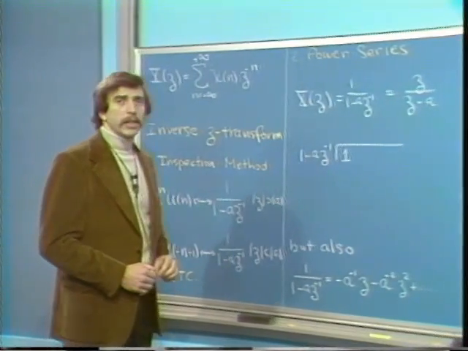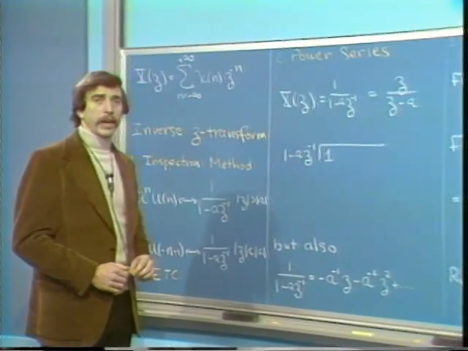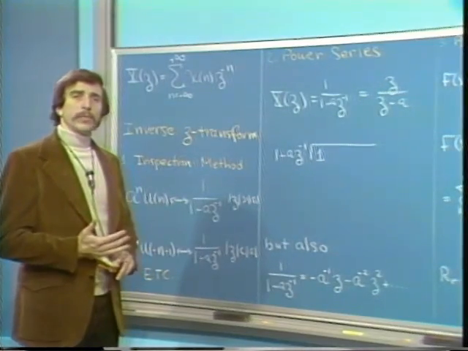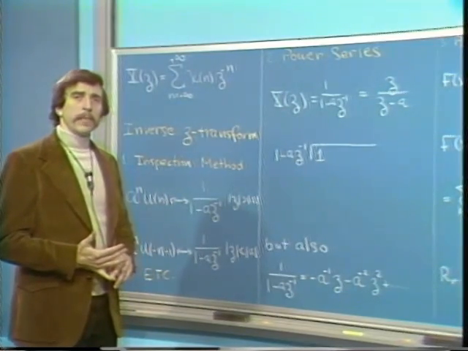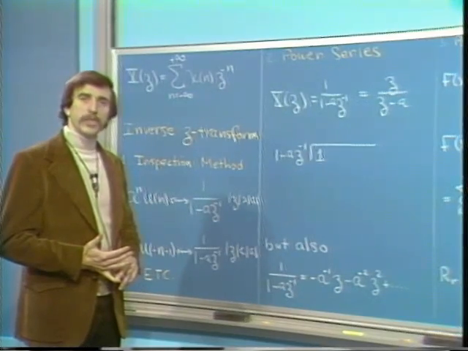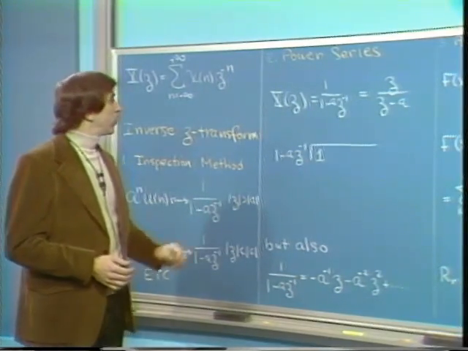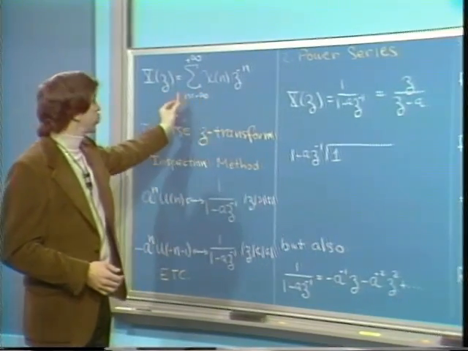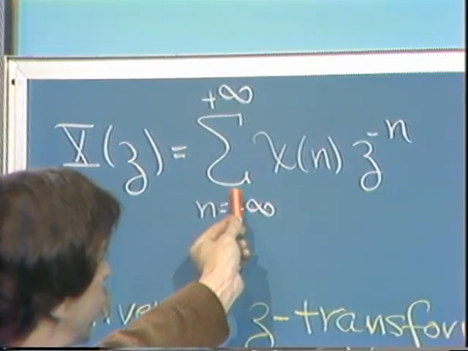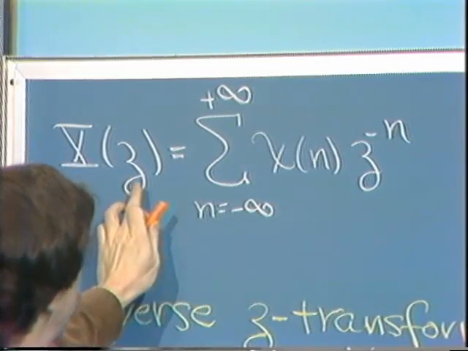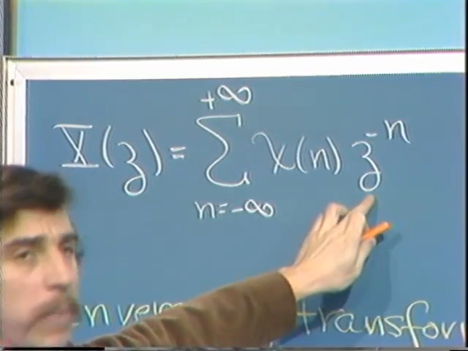The second method for computing the inverse Z-transform is based on the fact that the Z-transform relationship is basically a power series in z. That is, if we look back at the Z-transform expression, this is essentially a power series relationship which expands X(z) in powers of z.